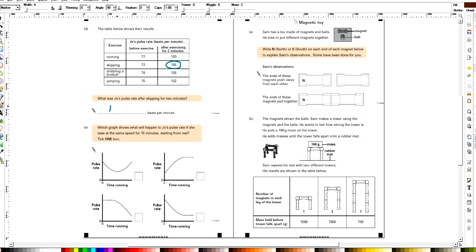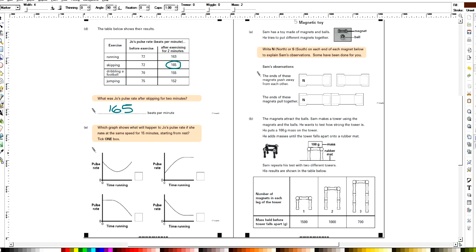Not 1 minute 65, 165. You can't get a minute of beating. Okay. Which graph shows what will happen to Joe's pulse rate if she runs at the same speed for 15 minutes starting from rest? Tick one box.